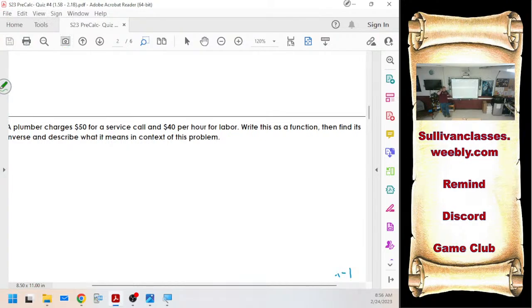So, how do I write that as a function, though? Bringing us all the way back to algebra half. Remember, y = mx plus b was often y = rate x plus start.